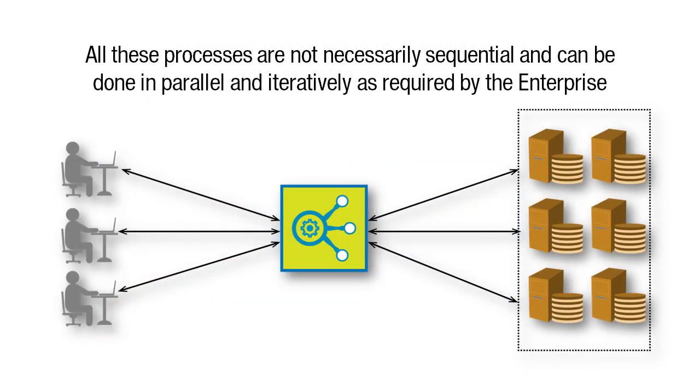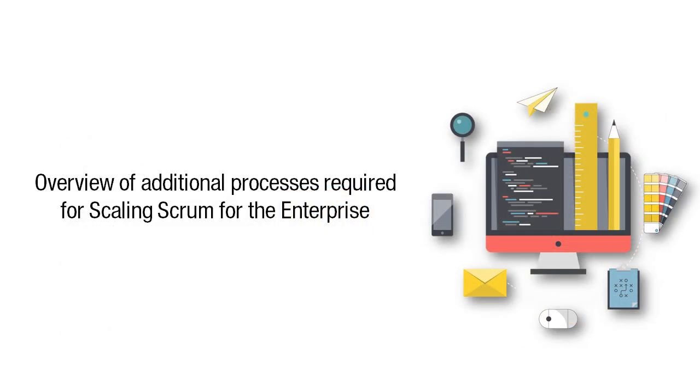All these processes are not necessarily sequential and can be applied in parallel and iteratively as required by the enterprise. The additional processes required to scale Scrum for the enterprise are as follows.